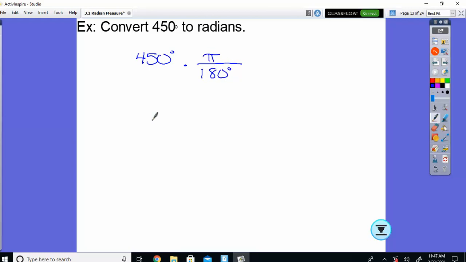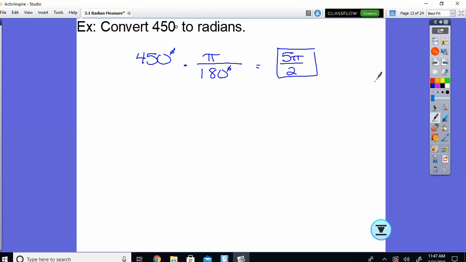So pi radians goes on the top. Grab your calculator, don't put the pi in, just do 450 over 180. What does that reduce to? 2.5. Change it to a fraction. So we'll say 5 pi over 2. You can say 2.5 pi. I just usually go with fractions.